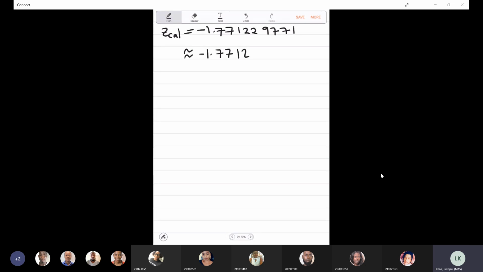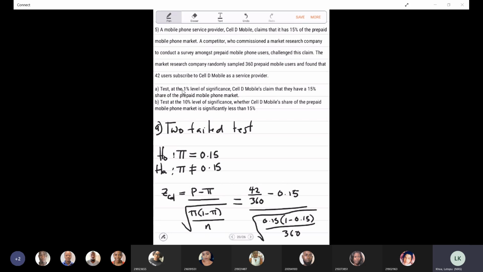Step number 3 is our decision rule. Now remember that this is a two-tailed test, so we will draw our Z like that, and we will have a rejection region in the lower tail and a rejection region in the upper tail. The sum of these two rejection regions must add up to 0.01 because we are testing at 1%. So it's not 5% this time, it's 1%.